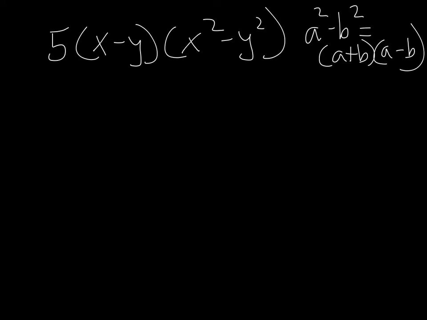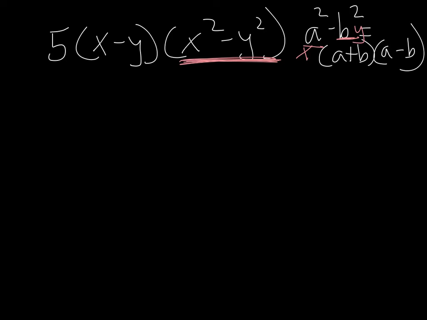So in this case, and we're only talking about this part right here, wherever you see an a, you'll put an x, and wherever you see a b, you'll put a y.